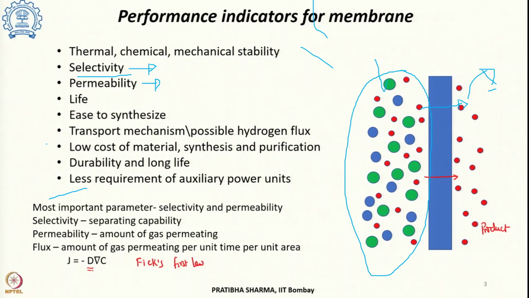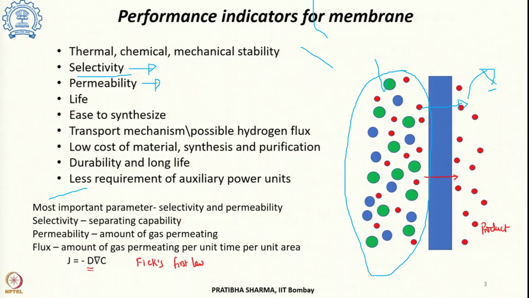And flux is important. As I am doing some research on membrane, that's why I am telling you. Selectivity, permeability, ion exchange capacity, all these are important, but here selectivity, permeability and flux are important.